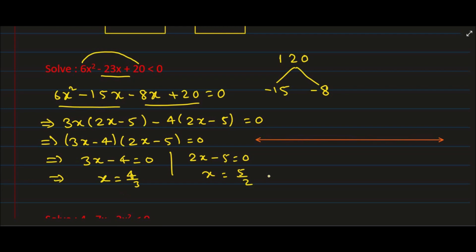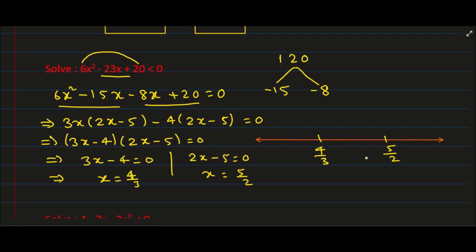So these are our critical values. Let's show them here on the number line. 4 by 3 is 1 point something, and 5 by 2 is 2.5. So 4 by 3 is a smaller value, so it will be on the left side. 5 by 2 is bigger, so it will be on the right side.